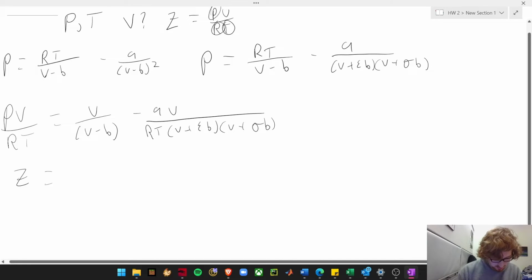We'll have Z is going to be equal to 1, and in case you didn't see how I got that, we're just factoring this out.